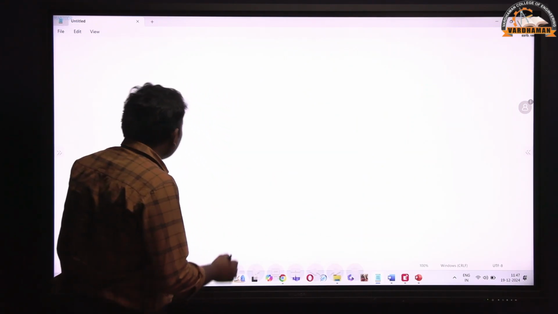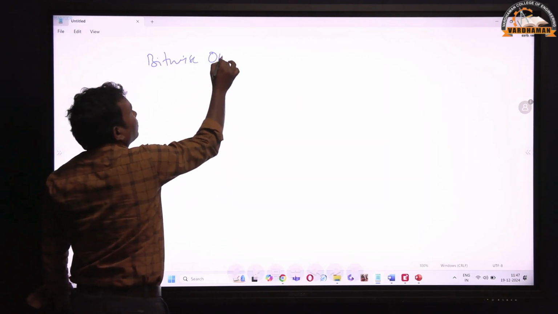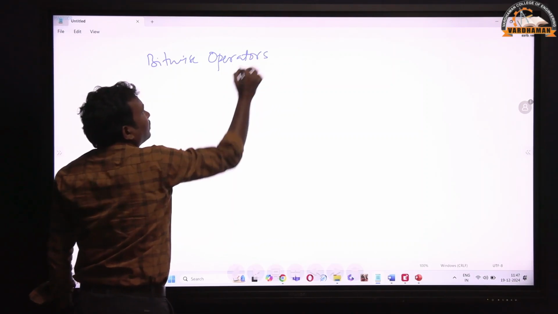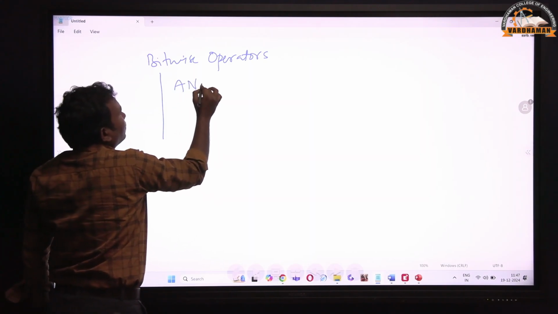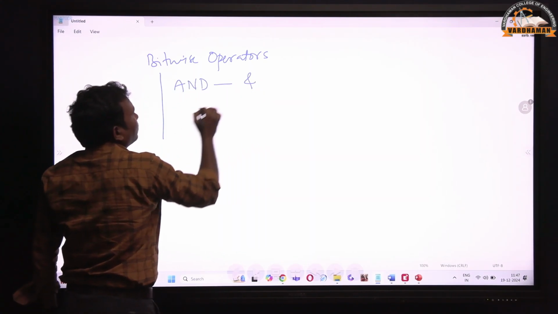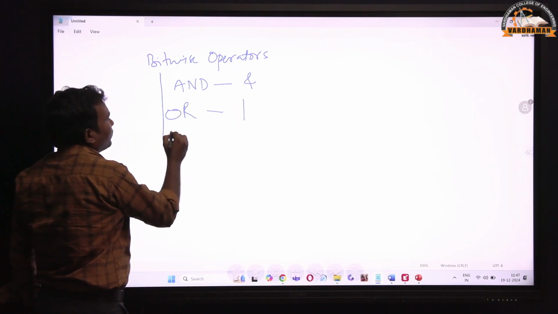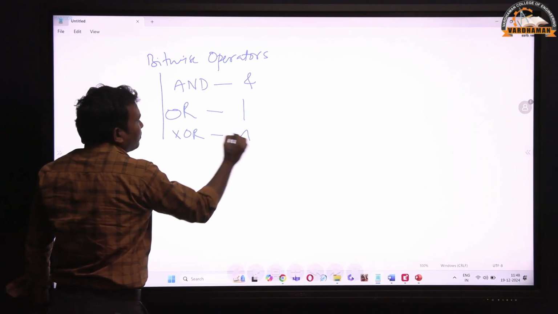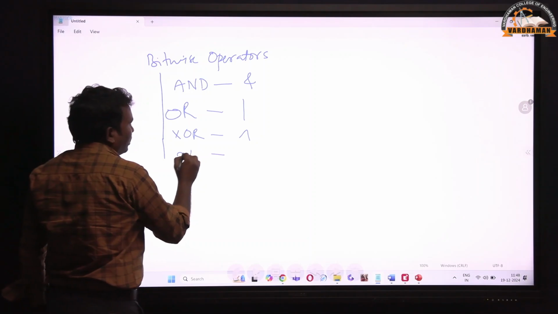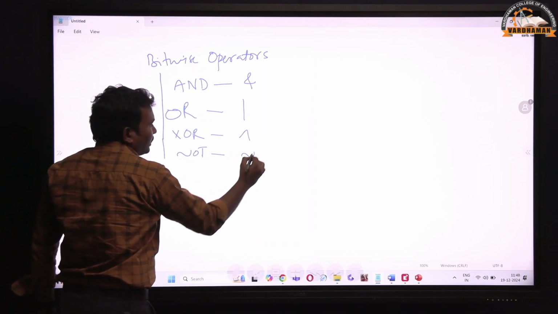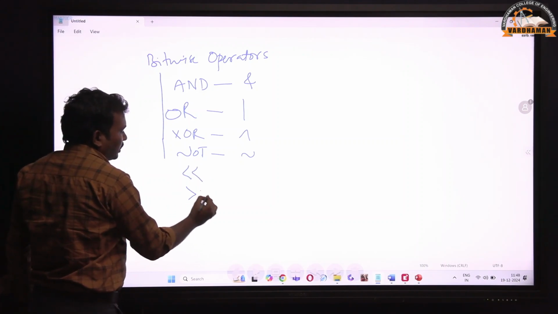The binary operators are bitwise operators, which are available in almost all programming languages, starting with the AND operator, the OR operator, for which we use the pipe symbol, the XOR operator, for which we use the cap symbol, the NOT operator, for which we use the tilde symbol, shift left and shift right.